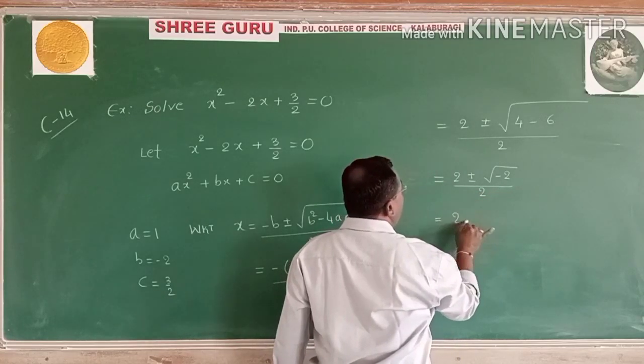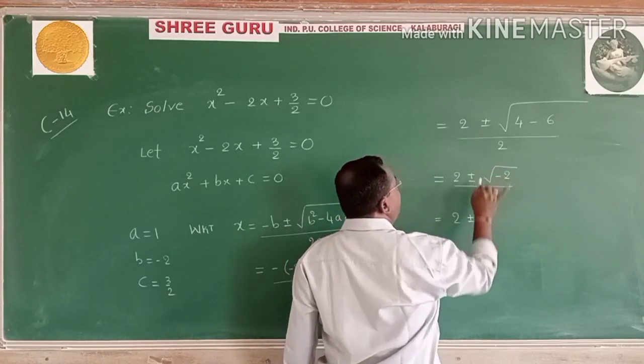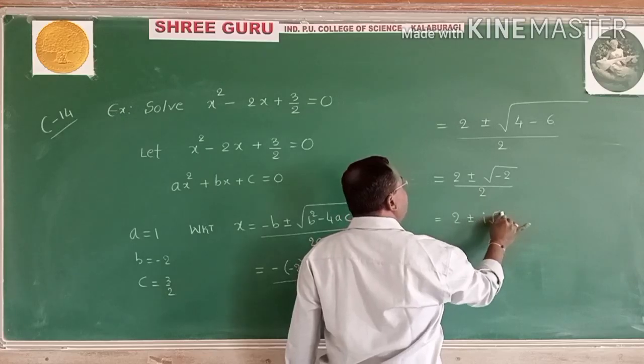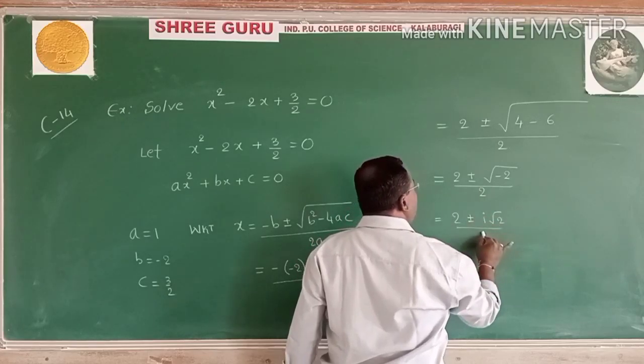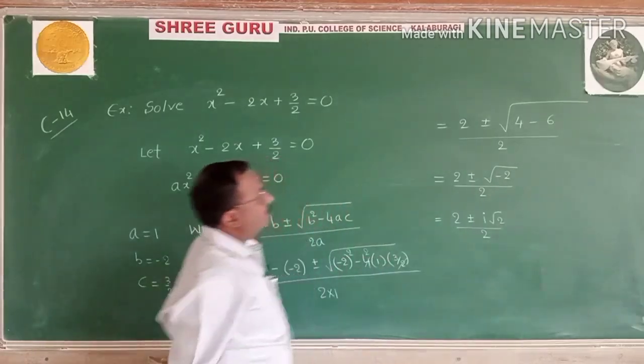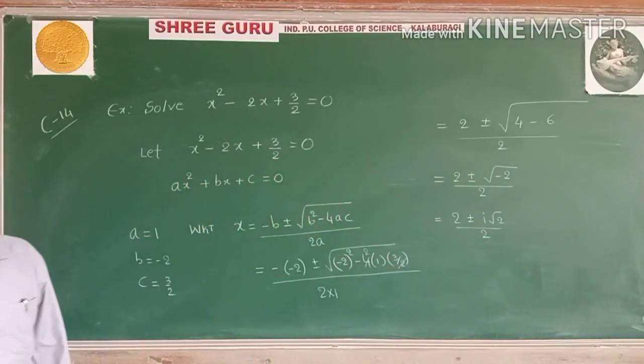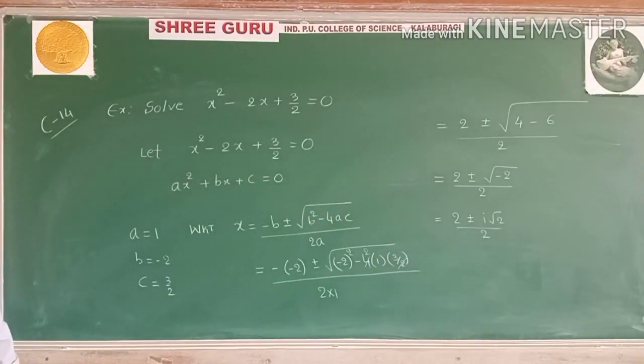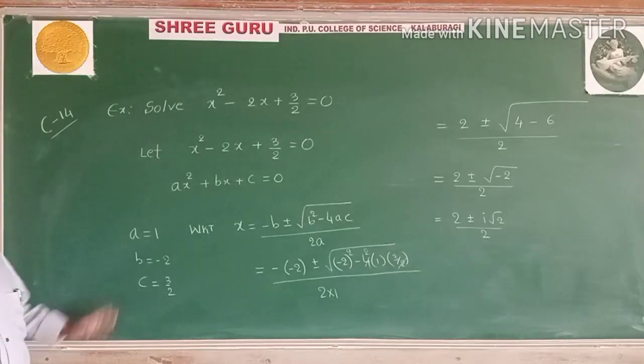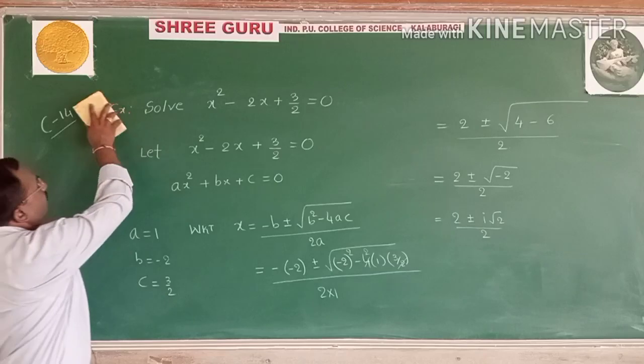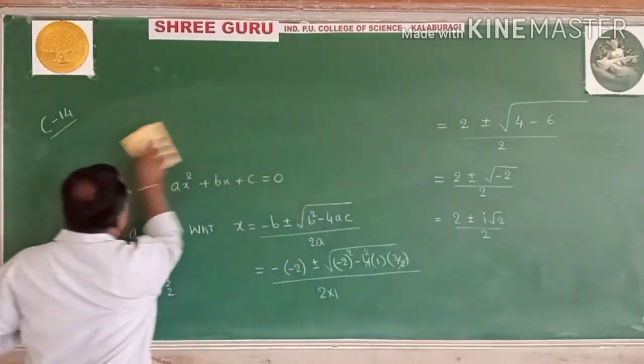That is 2 plus or minus negative outside i root 2 divided by 2. One positive, one negative. That is the values. Next, here is the next example.